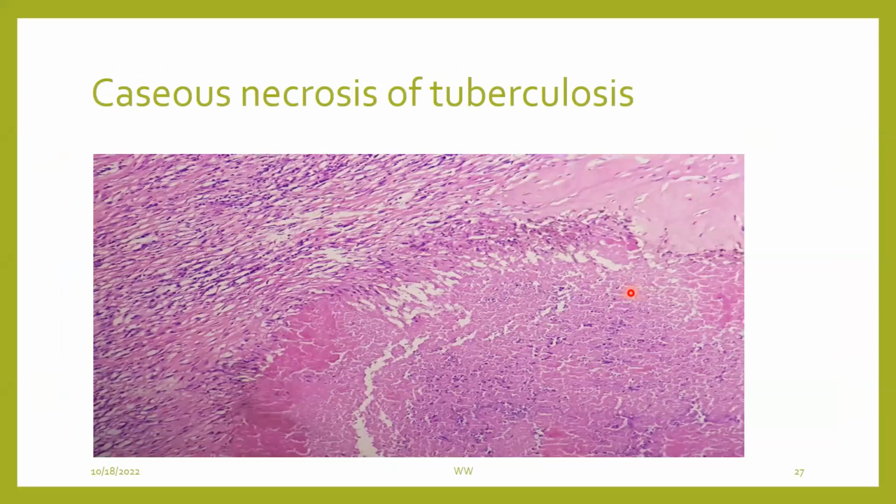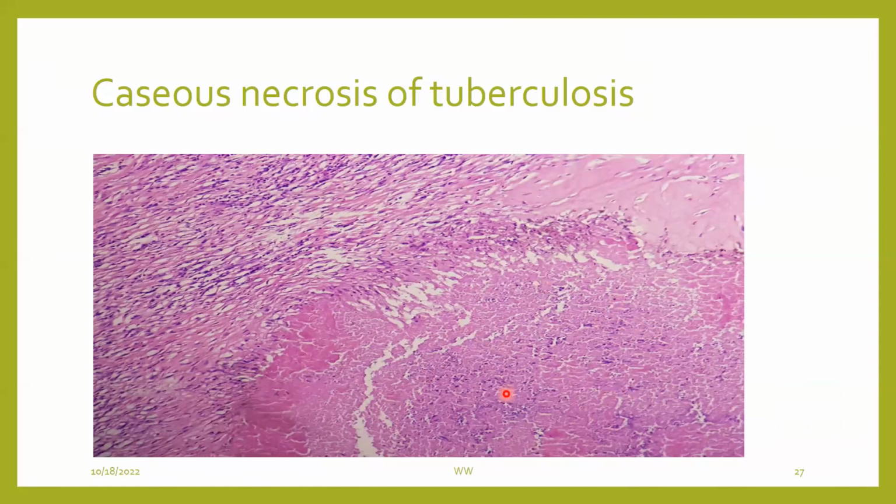Okay, how does it look on microscopy? We said it appears amorphous, and this is how it will appear. We have cells out here, but in here you have necrosis, and you can see nuclear debris.